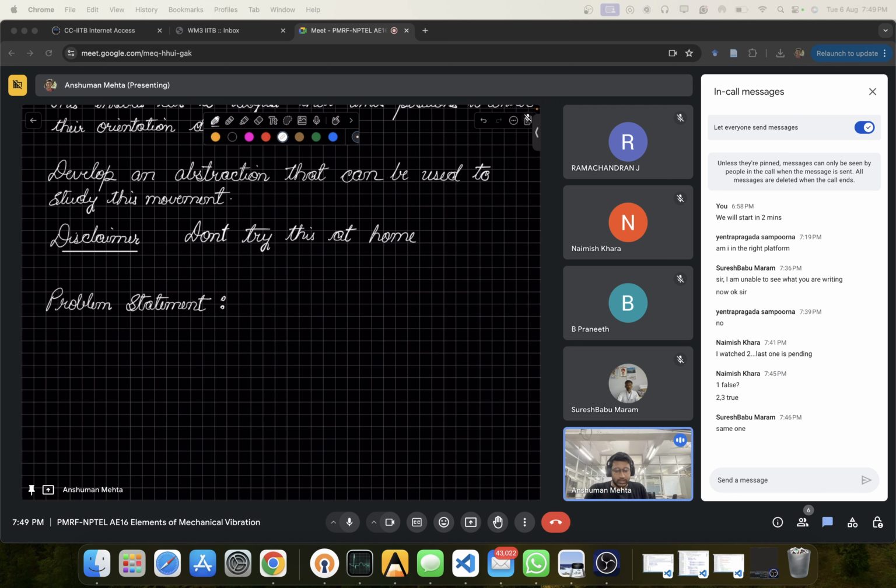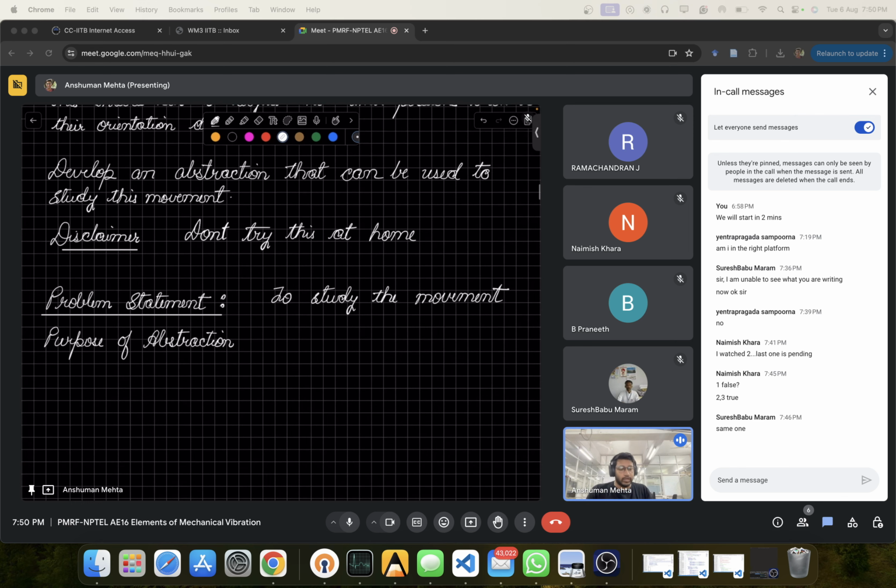Or we can also say the purpose. What is the purpose of the abstraction? Here it is to study the movement of the cat.